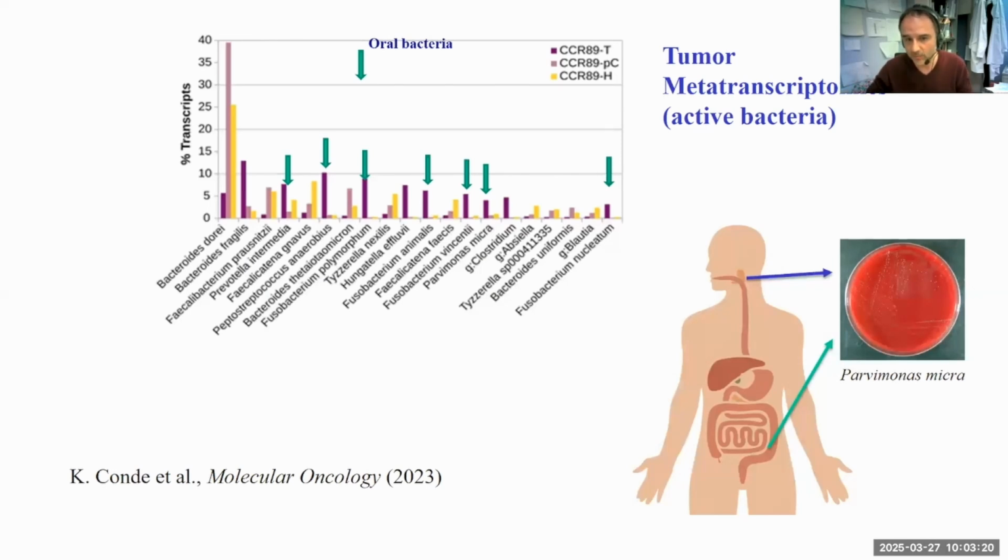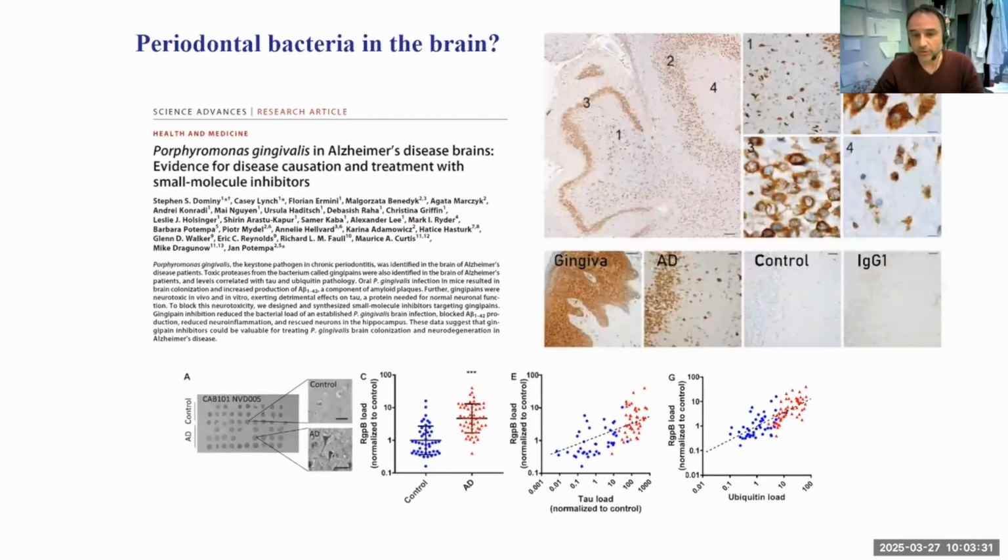And we are seeing that they have some metabolic complementation that actually allows them to grow better when they are with each other. But not only do oral bacteria appear to be involved in colon cancer, but probably also in other diseases with difficult etiology.